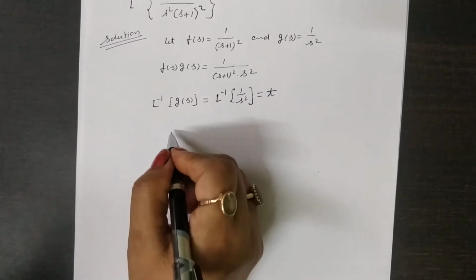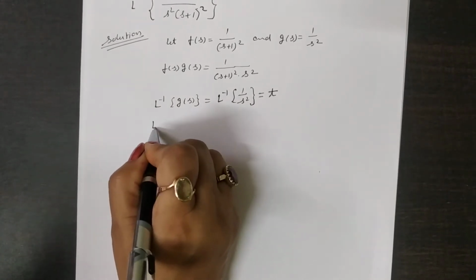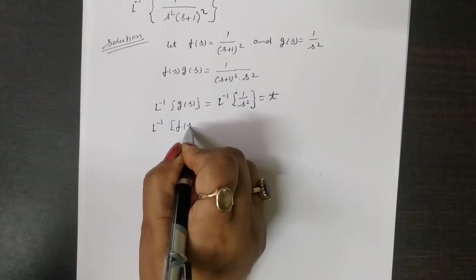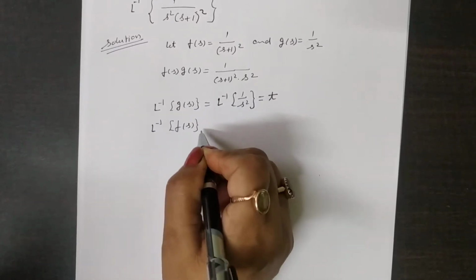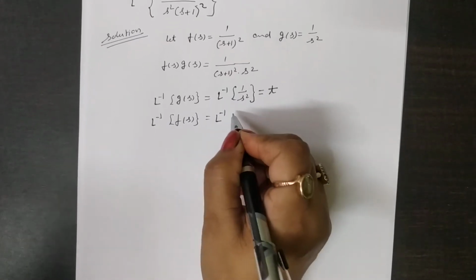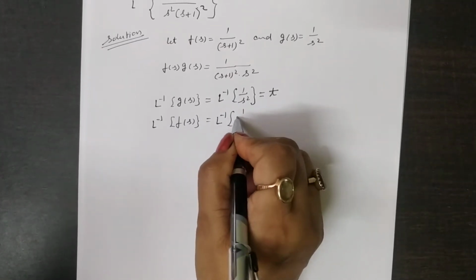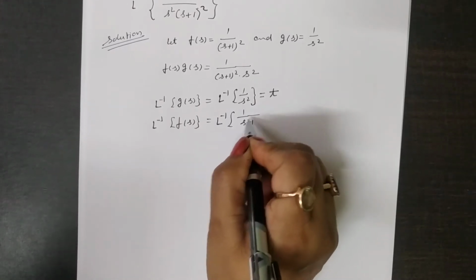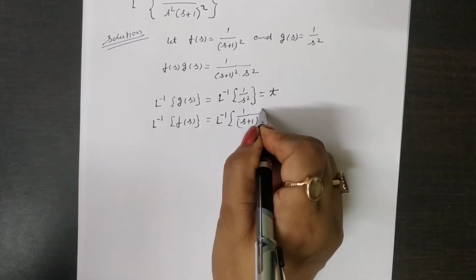And the Laplace inverse of Fs, you can find out, which is given as the Laplace inverse of 1 by (s plus 1) whole square.